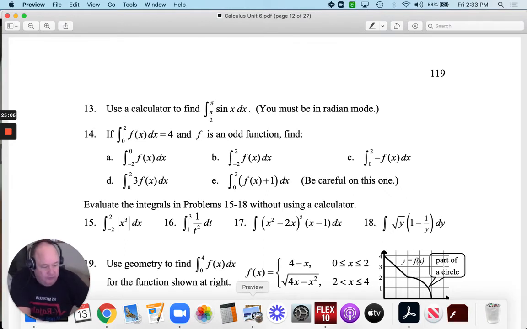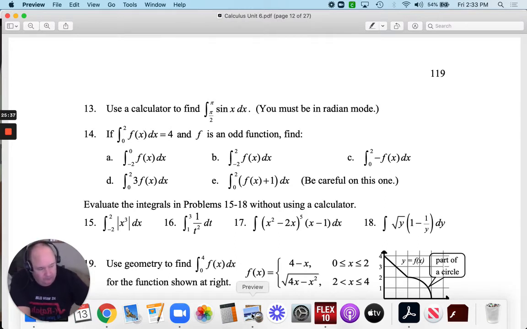In number 14, you're given integrating from 0 to 2 f at x dx equals 4, and that the function is an odd function. That means the first quadrant and the third quadrant, or the second and the fourth, like the cross quadrants, have symmetry. And so if I do a sketch here, from 0 to 2, whatever this area is from 0 to 2, it helps to have a visual of what I'm doing.